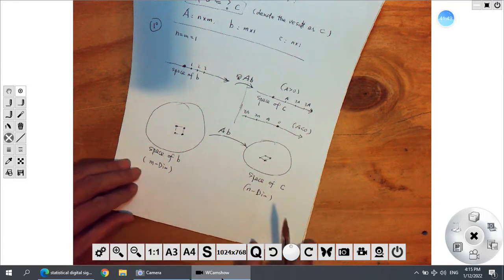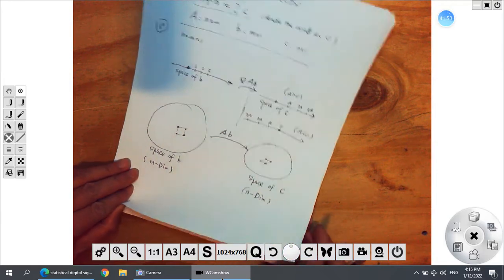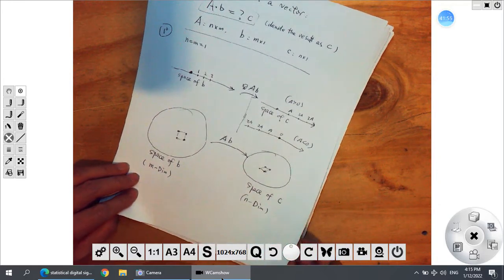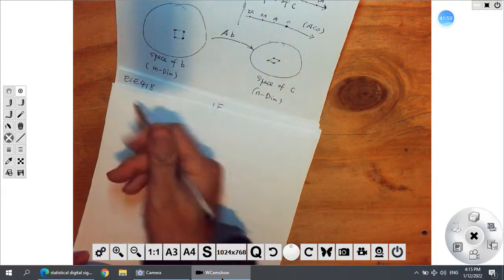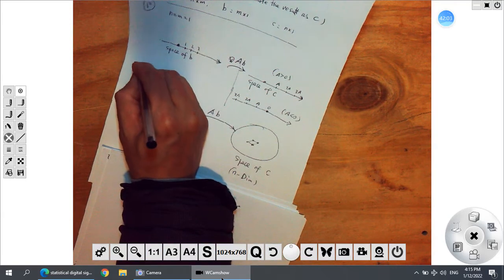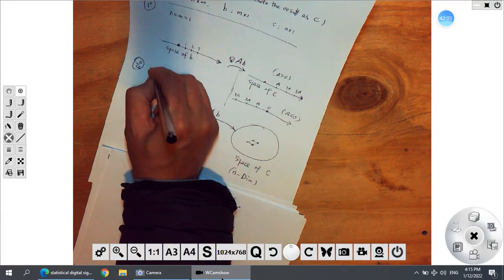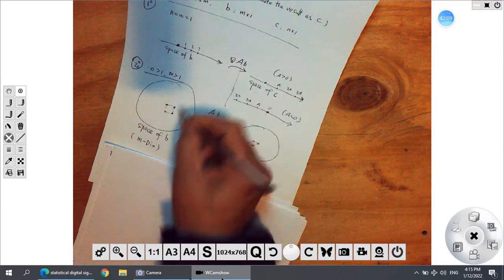Okay. And then we can have some special vector. This is the second case: n larger than 1, m larger than 1. We have this.